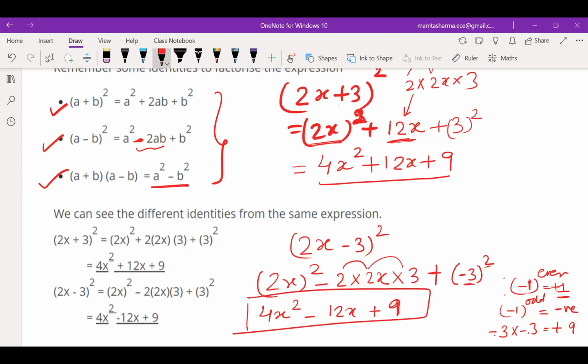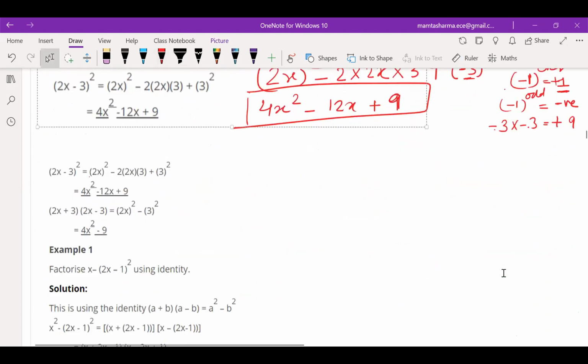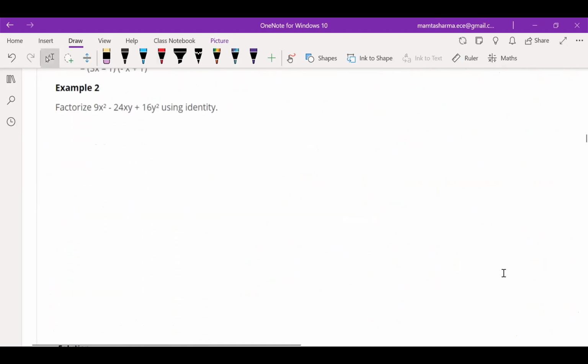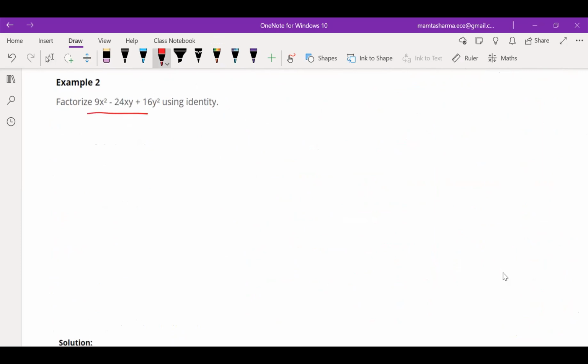Yes, ma'am, it's clear. Okay, so now factorize this expression using identity. Ma'am, can I say? Wait. Can I type in the chat? Yeah, you type it.